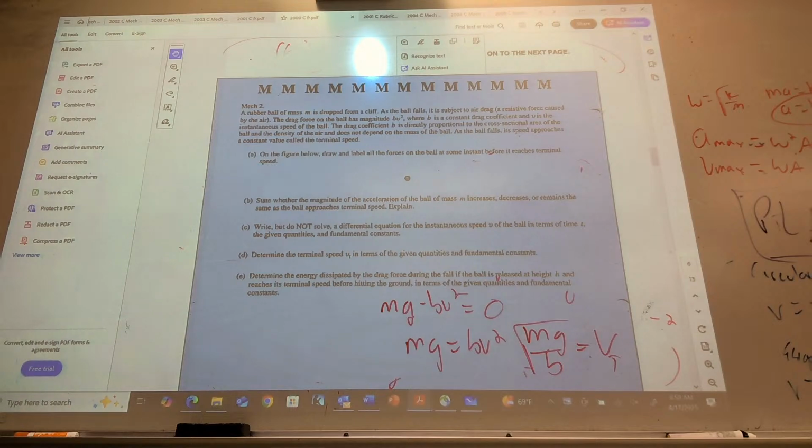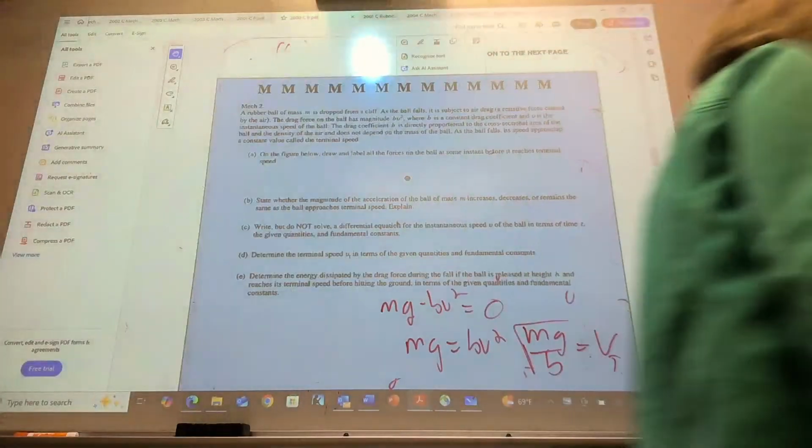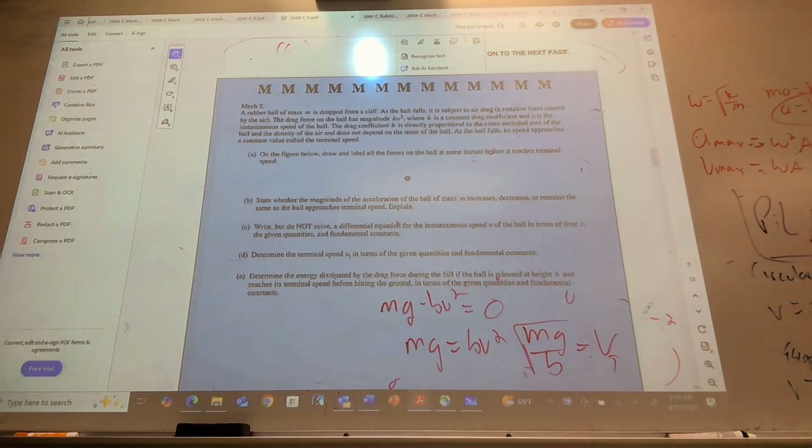It reaches its terminal speed before hitting the ground. And we have to put in what these are.